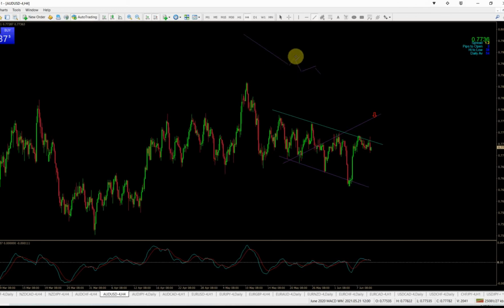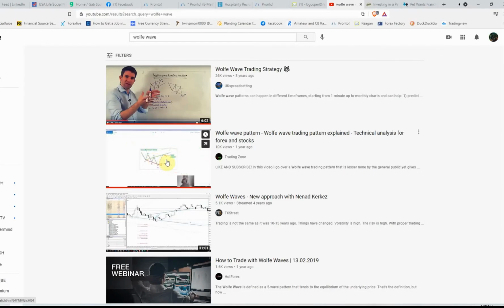So here's your 1, 2, 3, 4, 5. So you get the last part of that trend where, yes, you're making lower lows and lower highs, but the waves are overlapping. And that's what a great Wolfe wave setup looks like, you see in this one right here. Okay, where you see those last 5 waves down, but they're overlapping.